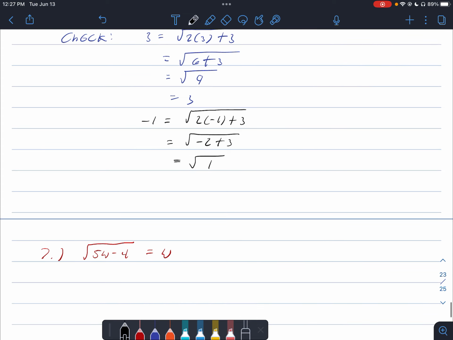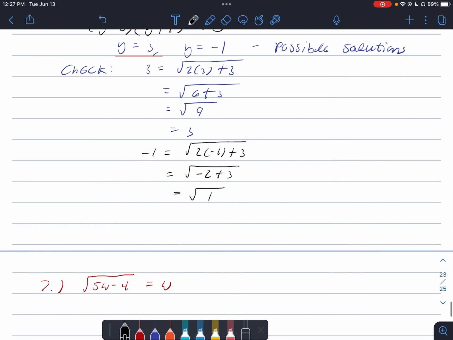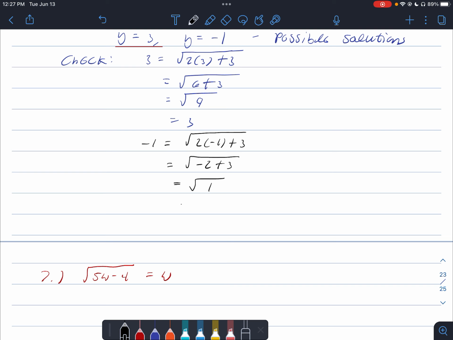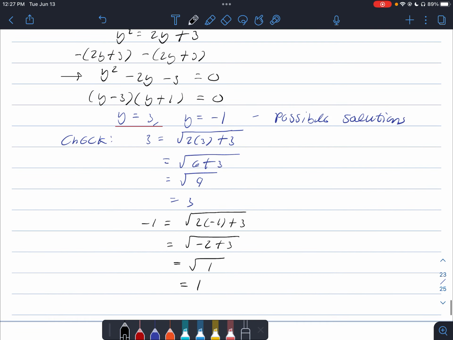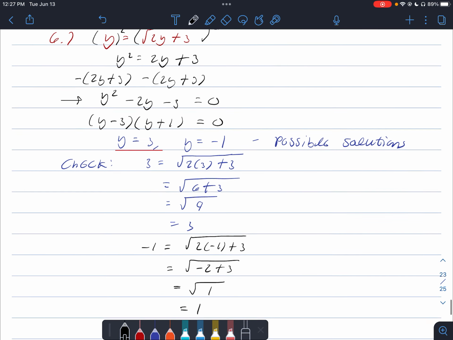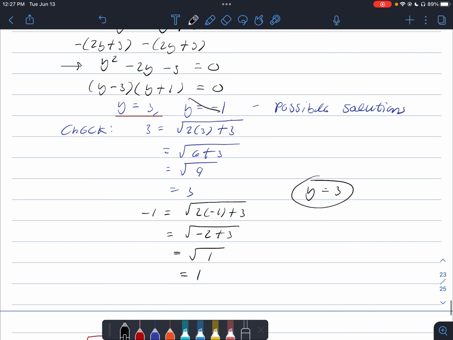Okay, but the square root of 1 is just 1, so that's not going to work. So this particular equation is not a valid solution. So we know that y equals 3 is a valid solution. So now y equals negative 1 is not a valid solution.